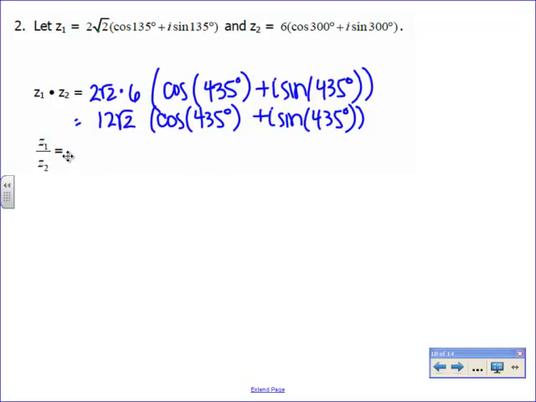Then we divide, make sure you're going in the appropriate order. 2 radical 2 divided by 6. This time we subtract our angles. When you do 135 minus 300, because you have to go in the order that it was dividing, you're going to end up with negative 165.